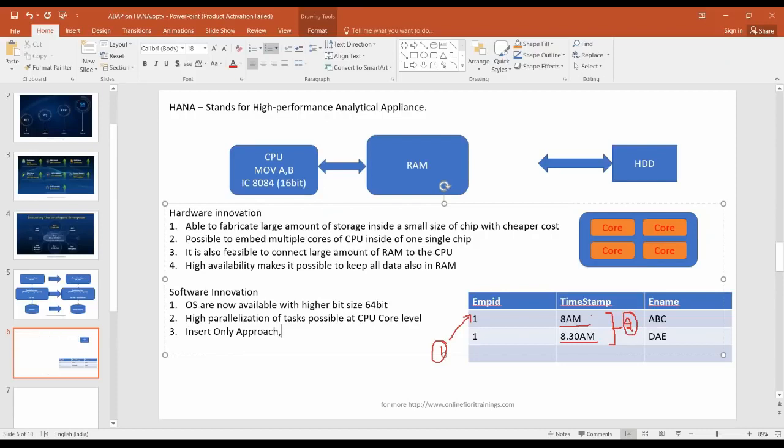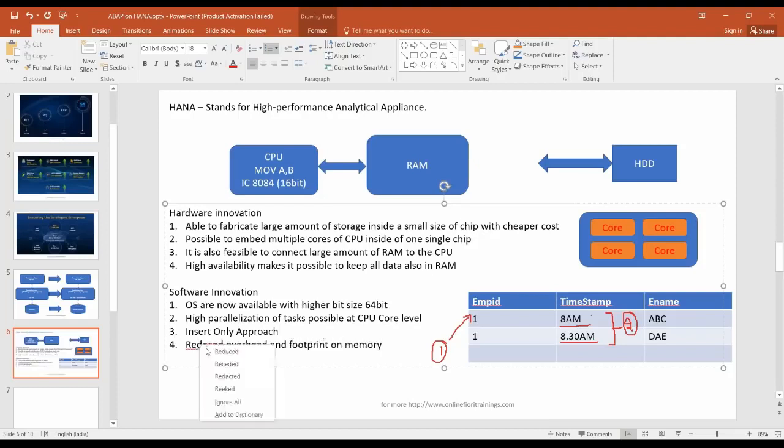And that's how we can also reduce overhead and reduce footprint on memory. I hope this point is clear. It reduces the search overhead to update and delete the data, as well as the memory footprint of writing change records in a completely different table.